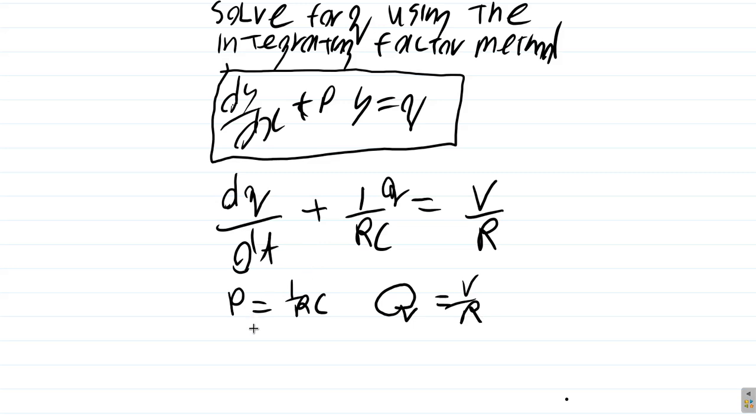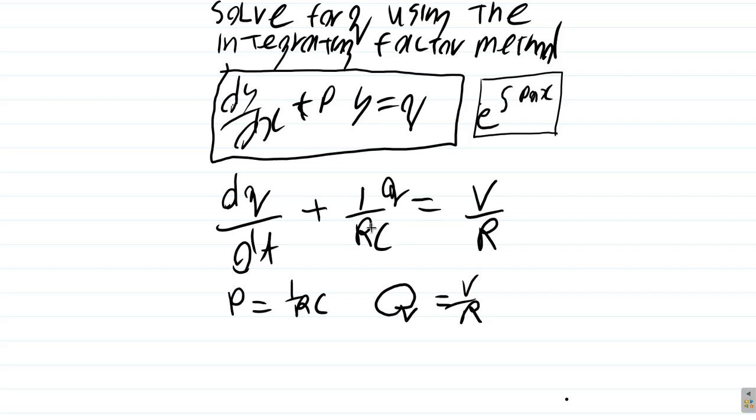What is the integrating factor in here? Remember, when we had the formula like this, the integrating factor would be e to the integral of p dx, right? For this one, it would be e to the integral of p dx. That would be the integrating factor.